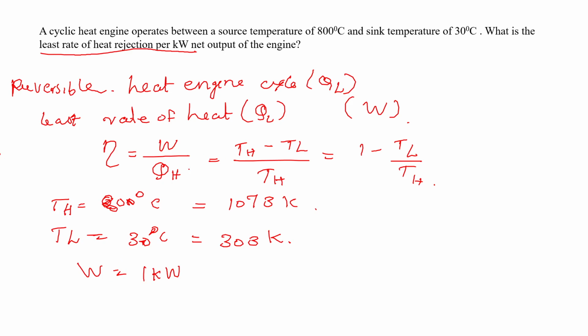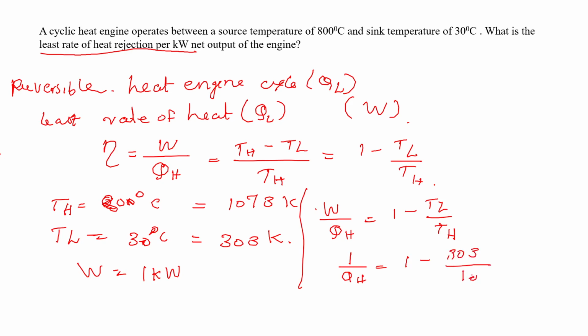Now we substitute into the equation. W by QH is equal to 1 minus TL divided by TH. Substituting the values, 1 by QH is equal to 1 minus 303 divided by 1073.